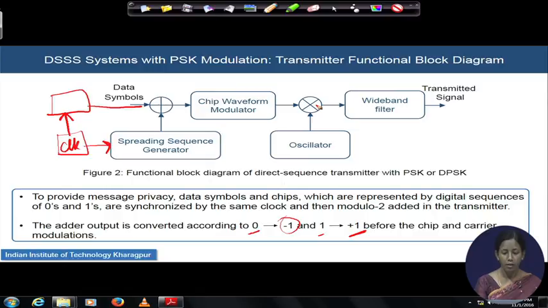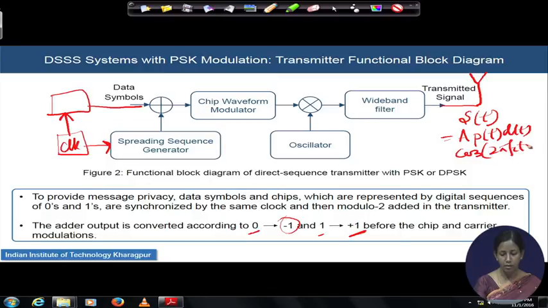See, in the practical circuit, we add the wideband filter here, power amplifiers, and wideband filters before transmitting the signal from here. Here is the ST that we have already shown you earlier, which is governed by A pt dt cos 2 pi fct plus theta.